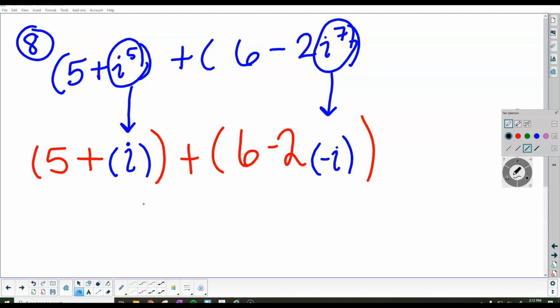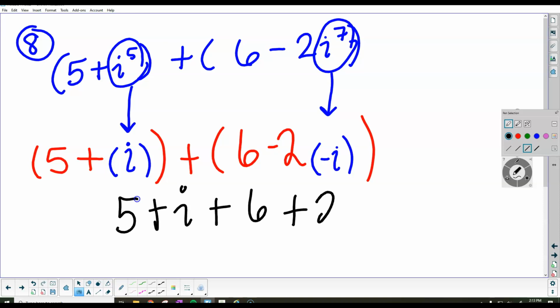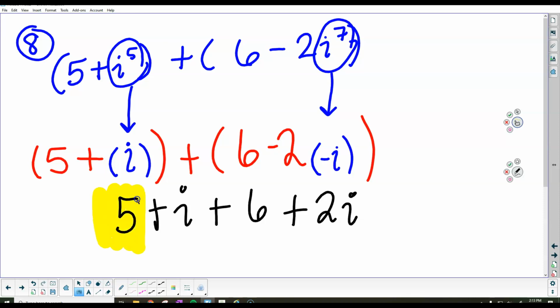Again, it's going to be 5 plus i plus 6 plus 2i. So if you could, take the cap off that highlighter, highlight your real and your imaginary, and then we'll combine and start moving higher on these levels.